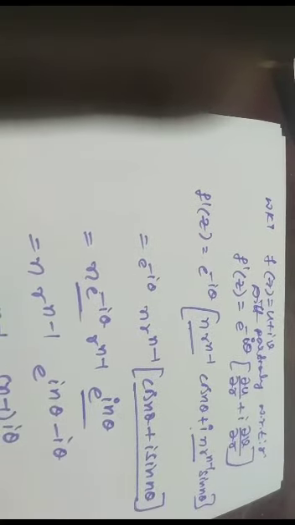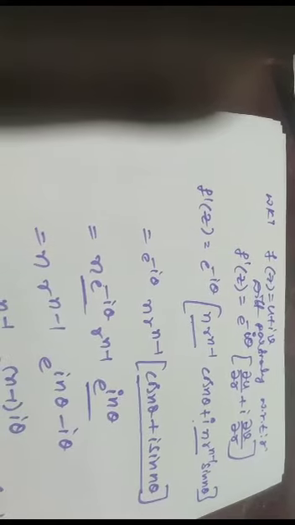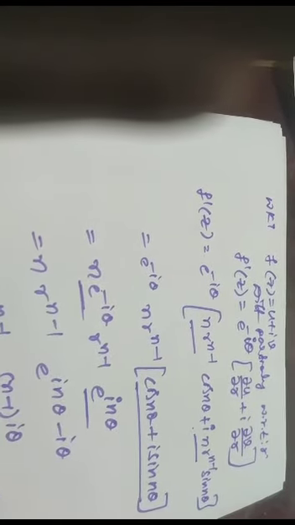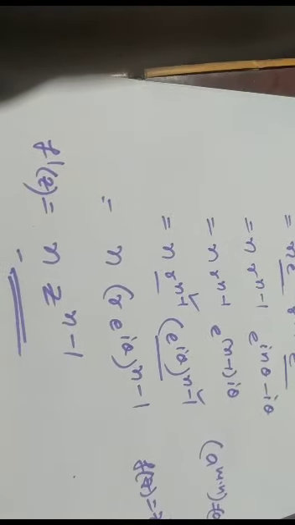Now dou u by dou r and dou v by dou r are there. Substitute those partial derivatives. Now this is the simplification. Here the derivative of z power n is n into z power n minus 1, where n is a positive integer.